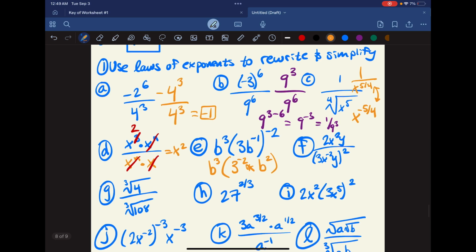So then that becomes addition between this term and this term. So that is 3 to the negative 2, b to the 2 plus 3, which is 5. So you get 3 to the negative 2 b to the 5. That's what you get there.